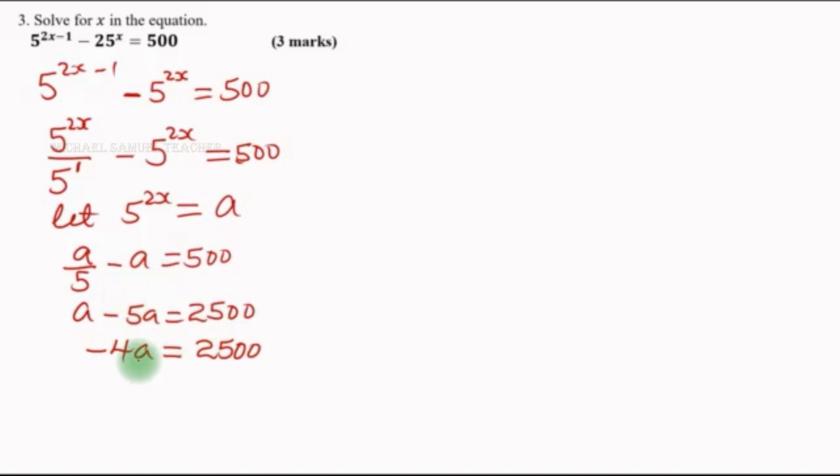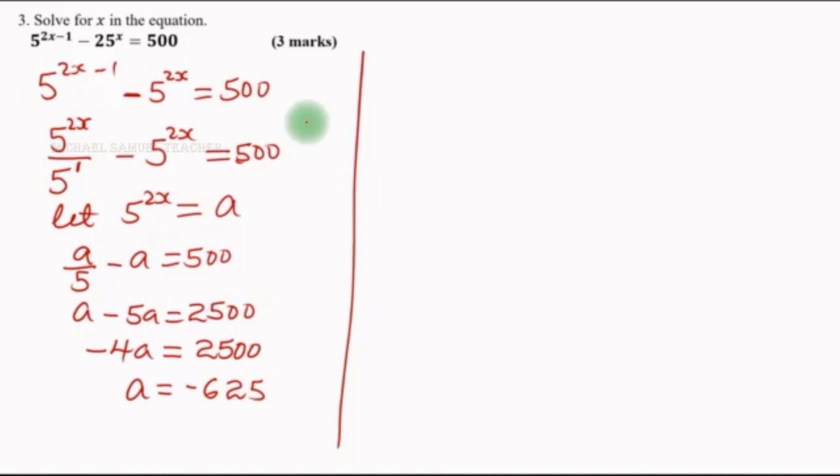Alright. So from here, a will be minus 625. But let us see here. This is 5 raised to 2x is equal to minus 625, which is the same as minus 5 raised to 4.